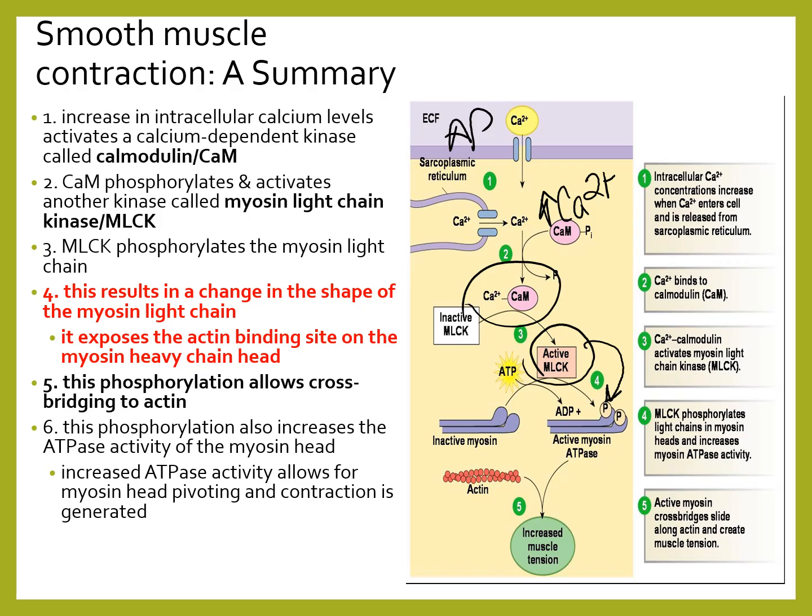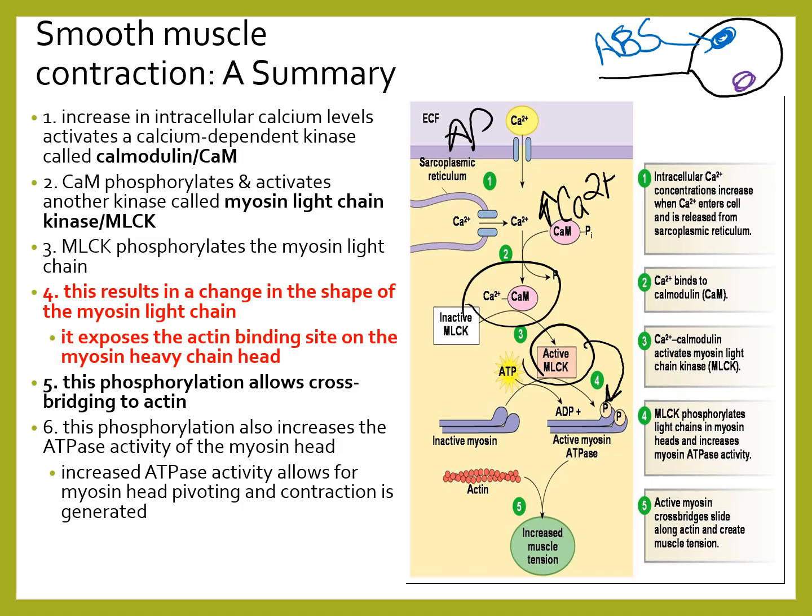The phosphorylation also will increase the ATPase activity of the myosin head as well. So not only do we expose the actin binding site on the myosin head, but we increase the ATPase activity. So again, if you were to just draw the myosin head here, I'm going to put an actin binding site right there. There's our ABS, actin binding site.